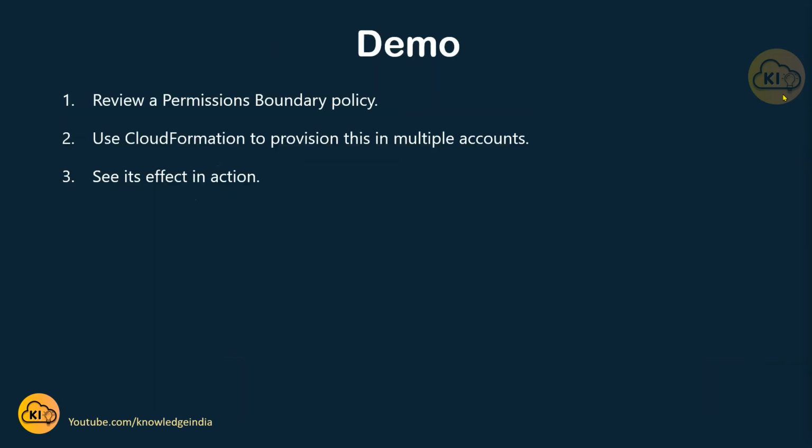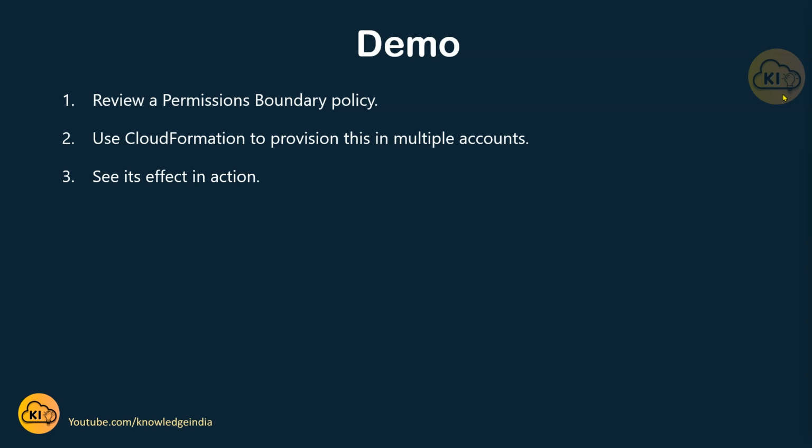What we will do next is I'll show you a demo where I'm going to show you a permissions boundary policy which I've written, and we will go ahead and provision it in multiple AWS accounts within my organization. So I'll pick up a particular OU, and within that OU, in all the AWS accounts which are there, this permissions boundary policy will get created.